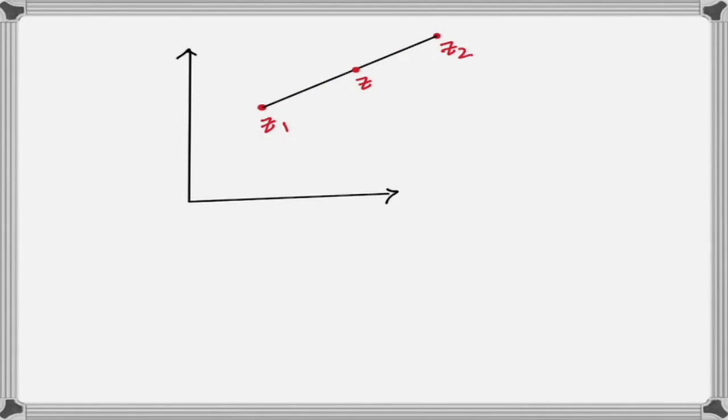Then what is the absolute value of z minus z1? This is nothing but, by the law of parallelogram, let me complete this parallelogram first.